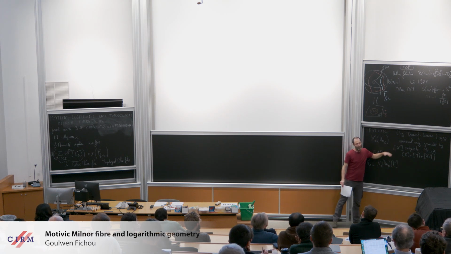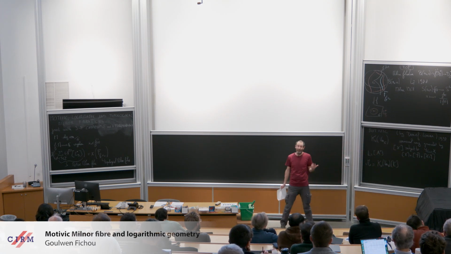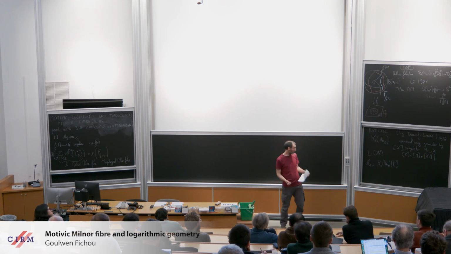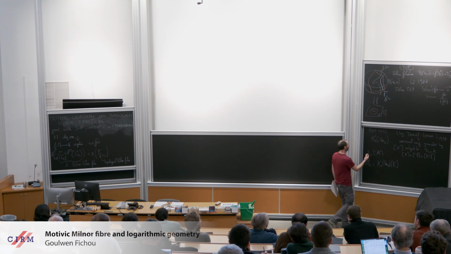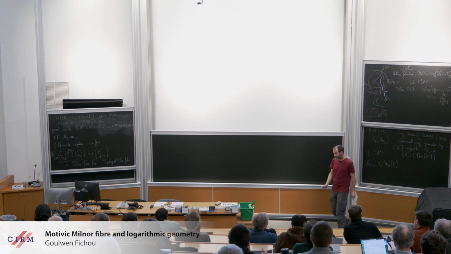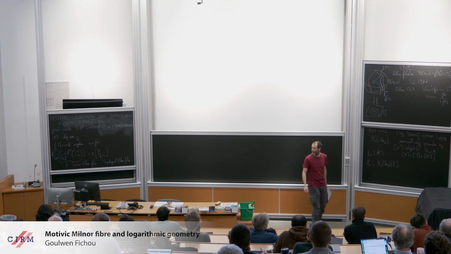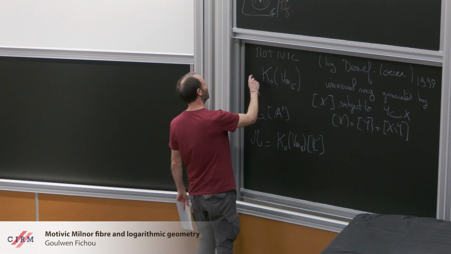And universal in the sense that if you have any additive invariant on a complex algebraic variety, like an Euler characteristic, that gives you a ring morphism. So for instance, is blue okay? I don't know.